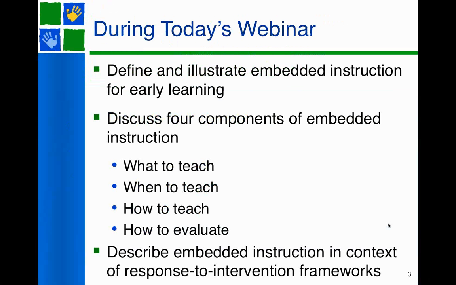During the webinar today, what I'd like for us to do is take some time to define and illustrate what we mean when we talk about embedded instruction for early learning, and most importantly to talk about 4 components that we think are very important for implementing embedded instruction as intended.